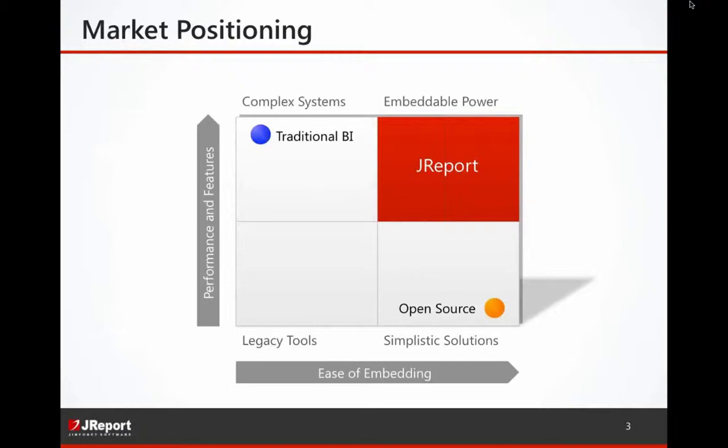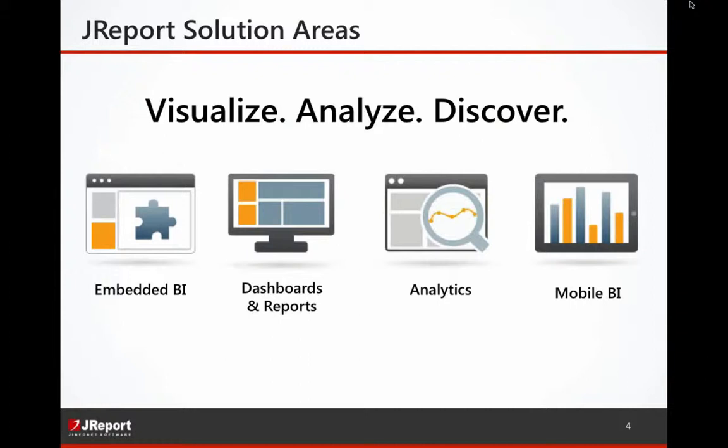Most recently we have visual analysis, which Mike will demo later on, that really lets you take full control of your data from the very beginning, not step through in a step-by-step fashion and then see your visualizations, but you can actually control them from the very beginning and see the data represented that way from the start. And then we have mobile BI, just another way to take your data and explore it on a mobile device. We specifically support iOS native with an application called JReport Mobile.